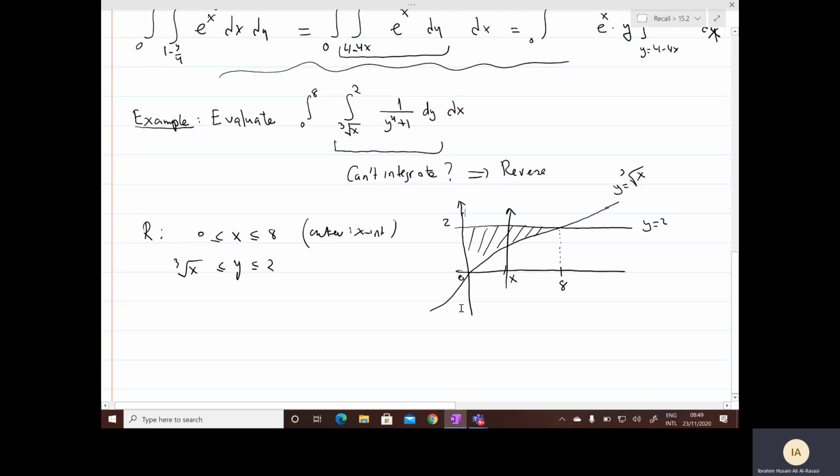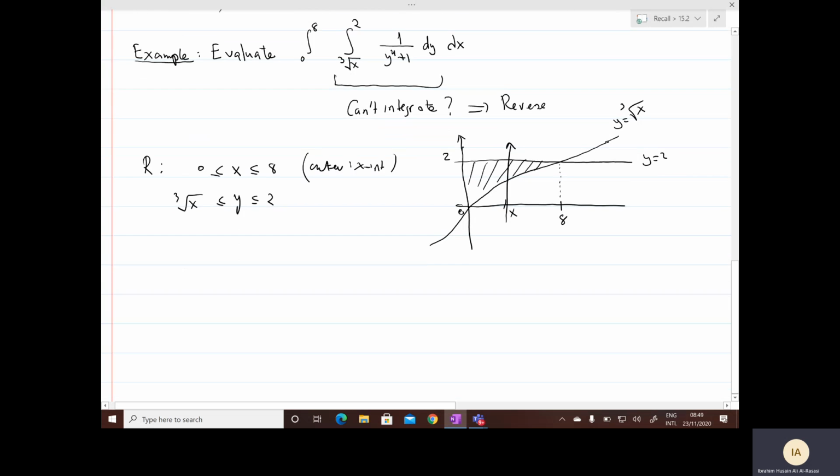I will work on the y interval. So we take the same region here as it is. Let me say this is 8 and this is 2.